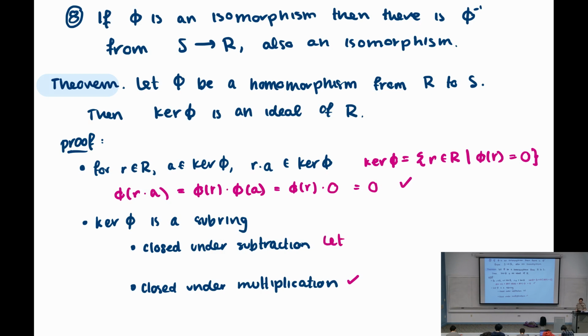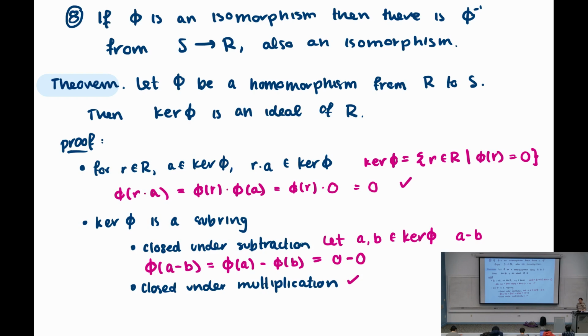So let's let A and B be elements of the kernel. Then we need to show that A minus B is in the kernel. So let's look at phi of A minus B. Okay, well, phi preserves the operations, so this is equal to phi of A minus phi of B. And phi of A and phi of B are each both 0.